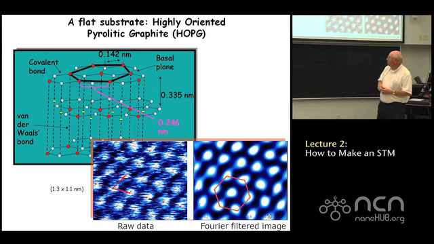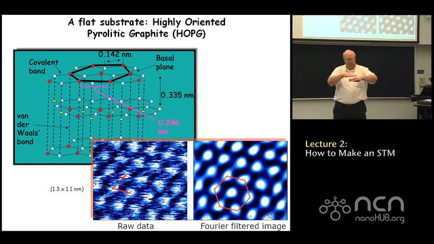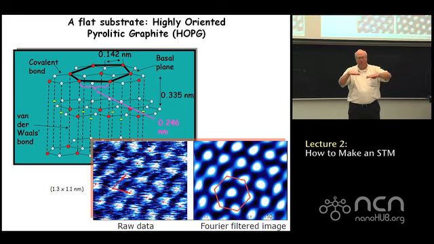And one of the prime materials to do this is this highly oriented pyrolytic graphite, so-called HOPG. This is graphitic material that is comprised of planes of graphene stacked one on top of the other, right? It turns out this material can be easily cleaved and then imaged with a scanning tunneling microscope.